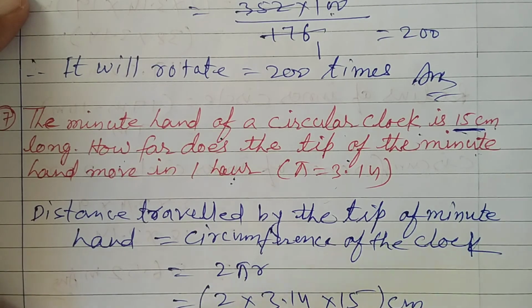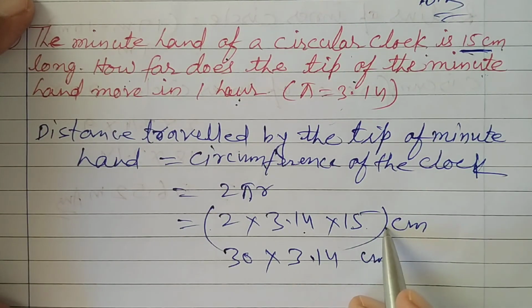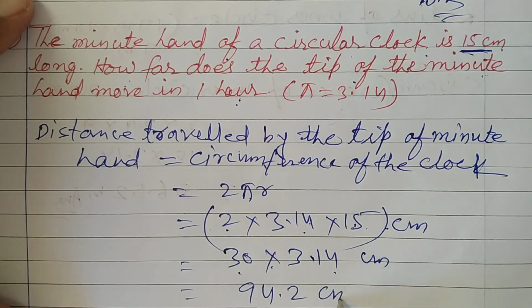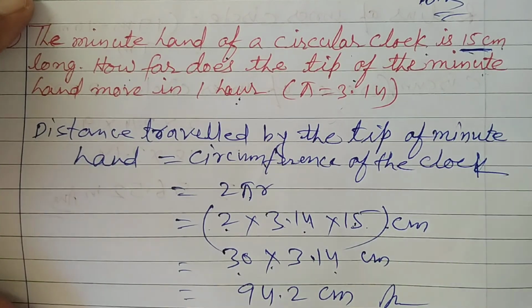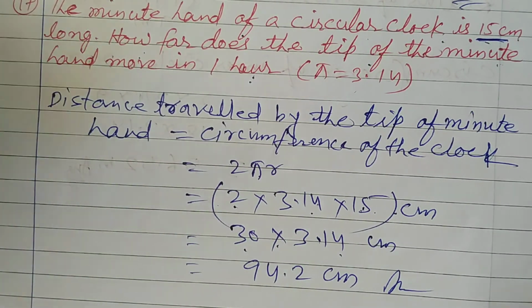Okay, then we can multiply 2 into 15, 30 into 3.14 centimeter. Then you can multiply, it will come 94.2 centimeter. Answer. So this way I have completed question number 15, 16 and 17.